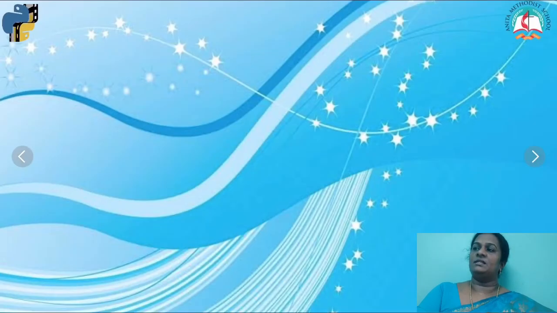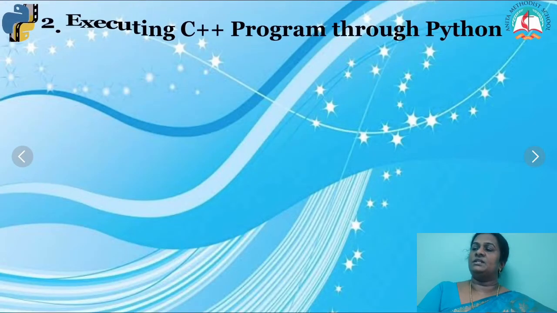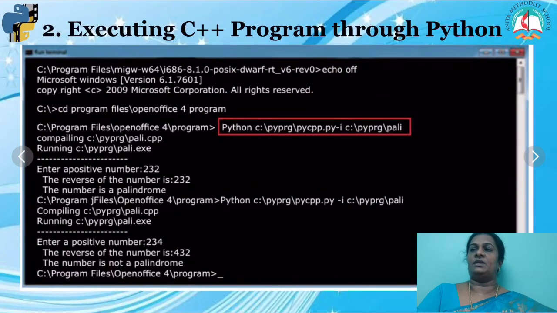Now we are going to see how it is executed. Here the Python program has .py, and the C++ program is pali, short for palindrome. You have to make sure the Python code and C++ code are in the same folder.